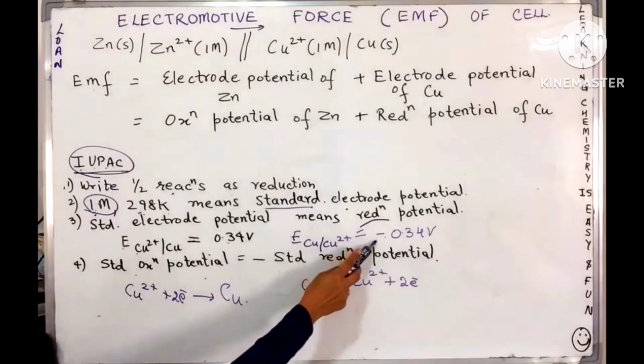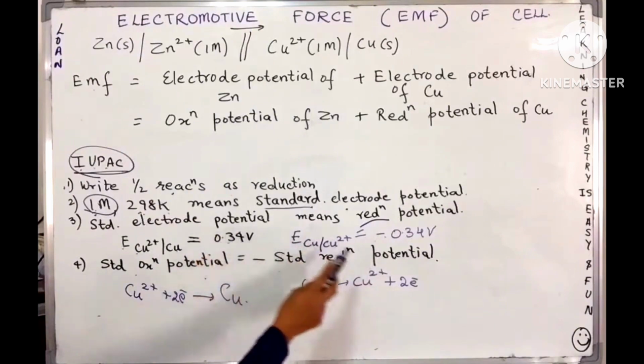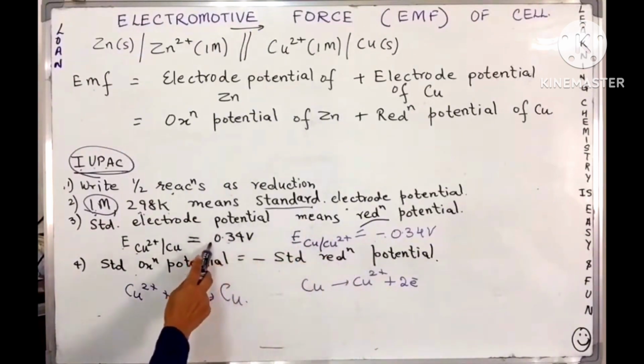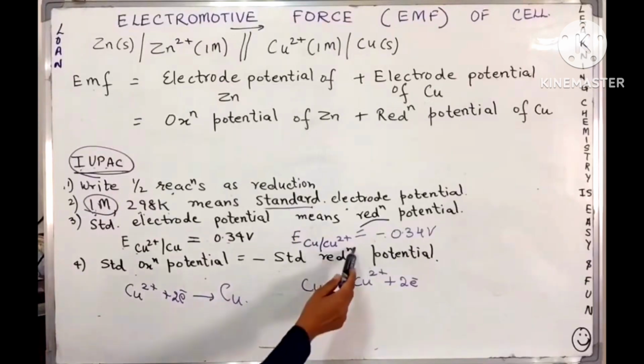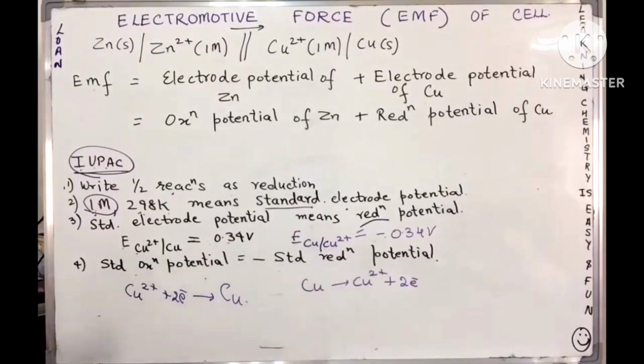Did you notice the sign over here? Plus and minus. If this much is the tendency for copper to gain electrons, obviously its tendency to lose electrons will not be as much. It will be lesser by that much amount. Clear?